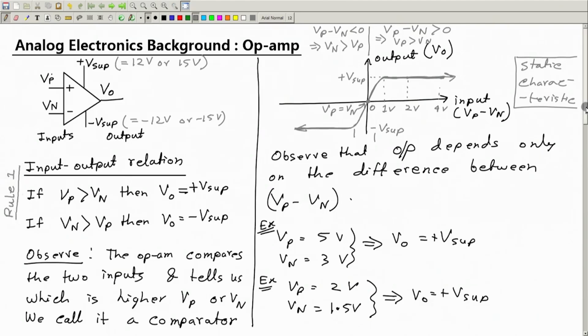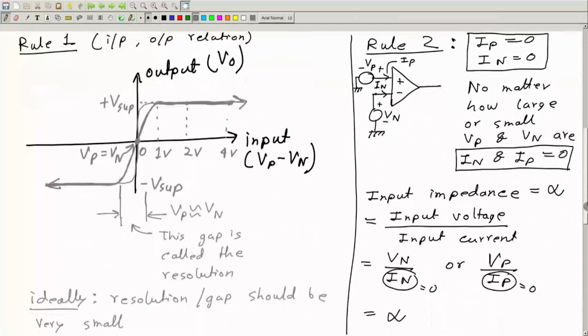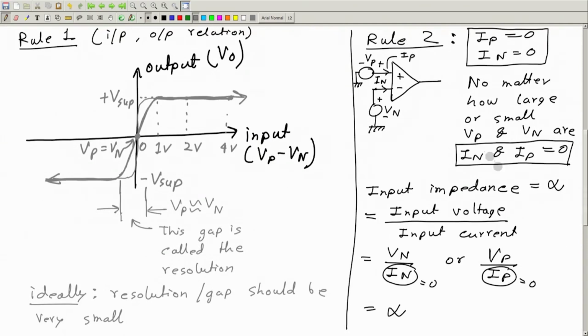And then we have seen rule number two, which says no current can go into or out of either of the input terminals of an op amp, which is the same as saying the input impedance is infinite, because whatever voltage you apply, current will be zero.